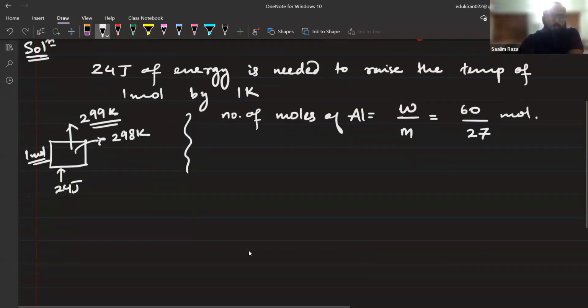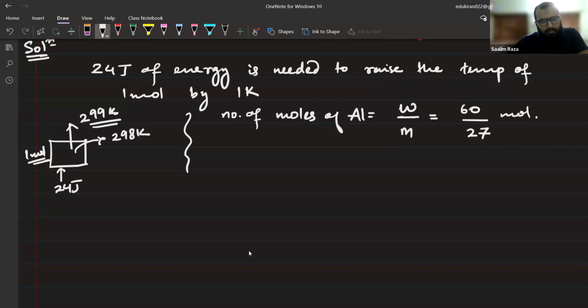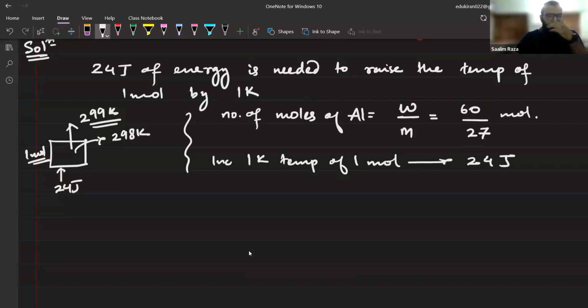Now, it's very easy to understand. Please see, guys. If I want to increase 1 Kelvin temperature of 1 mole, I will require 24 joules. Correct, guys? Yes or no? Please tell me. For 1 Kelvin temperature of 1 mole, we require 24 joules.